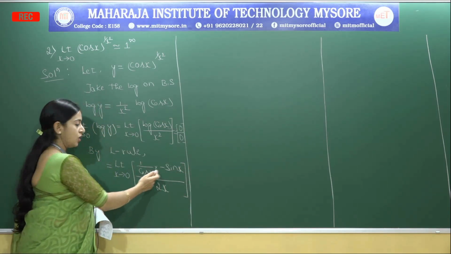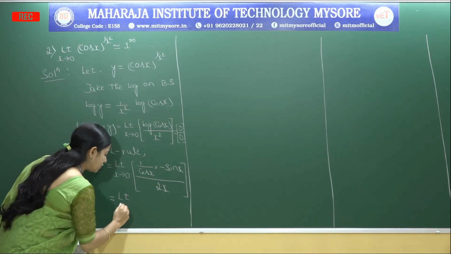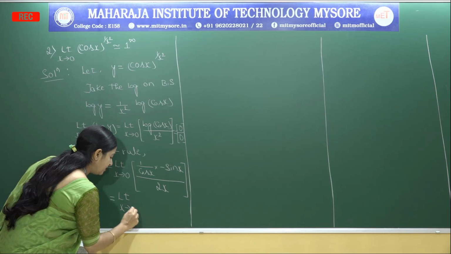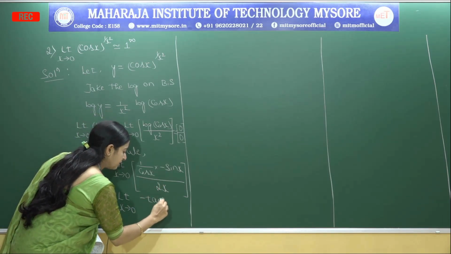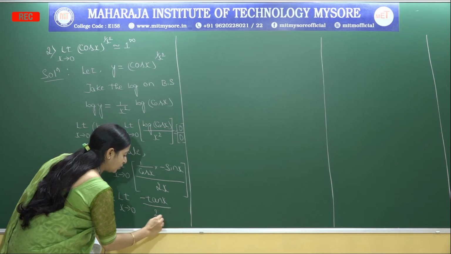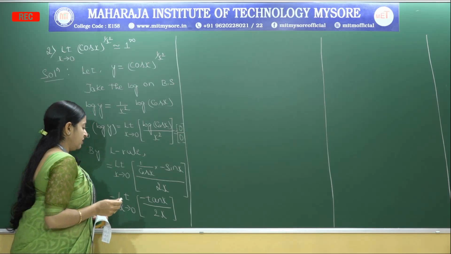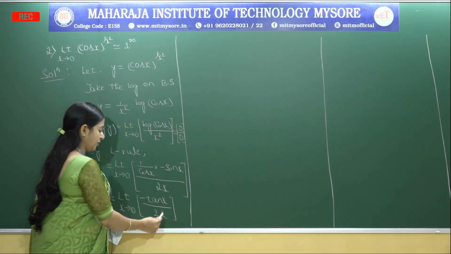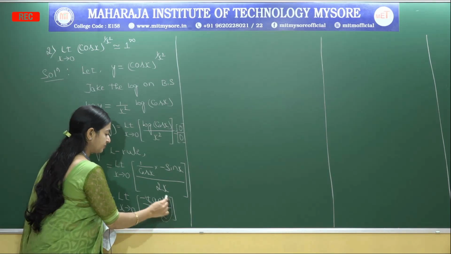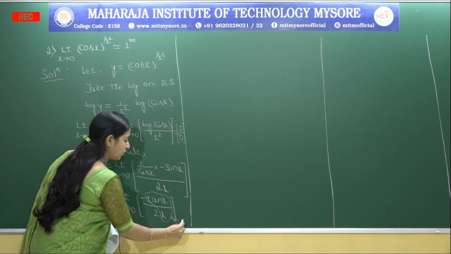Then rewrite this term: sin divided by cos x is tan x, so the limit as x tends to 0 of minus tan x divided by 2x. As you know the property, the limit as x tends to 0 of tan x divided by x equals 1.